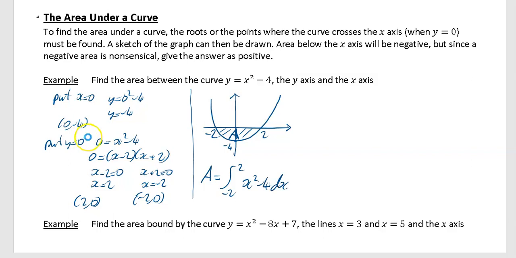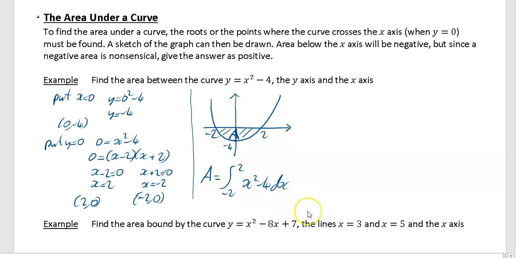I also know the answer it's going to give me is going to be negative, because my area is below the axis. This is a weird thing, but if your area is below the axis, the answer will be negative. If the area is above, the answer will be positive. So you just have to be very careful of that, and we'll see there's slightly more complicated examples as well. We'll just work with this and see what happens.